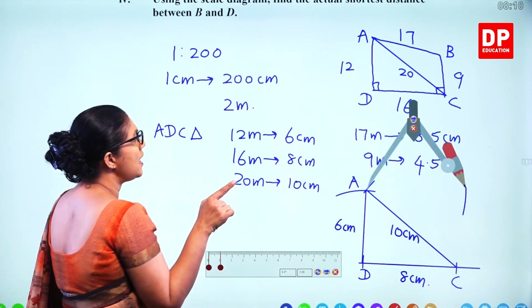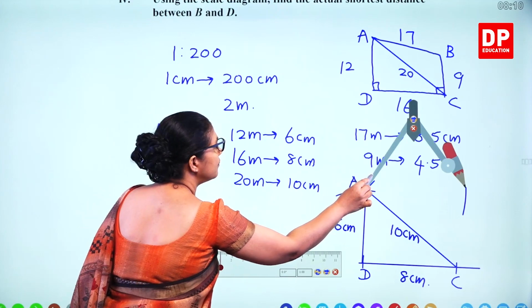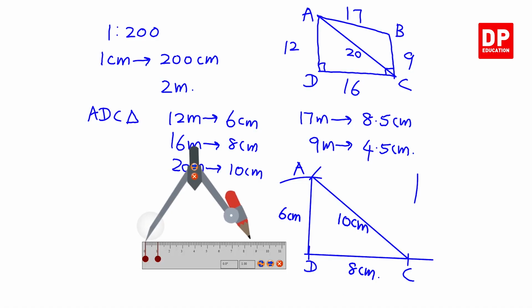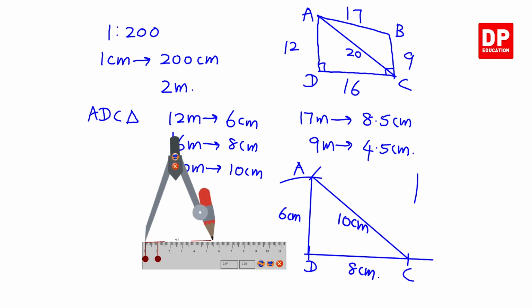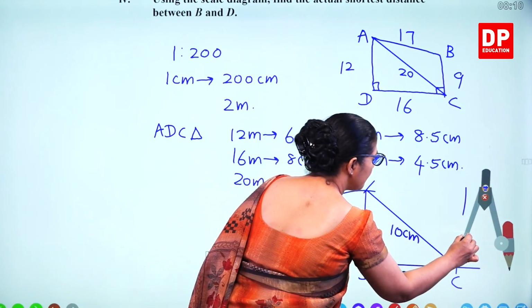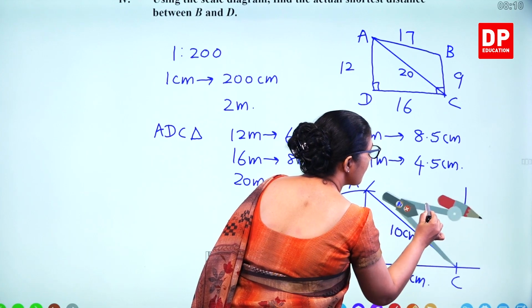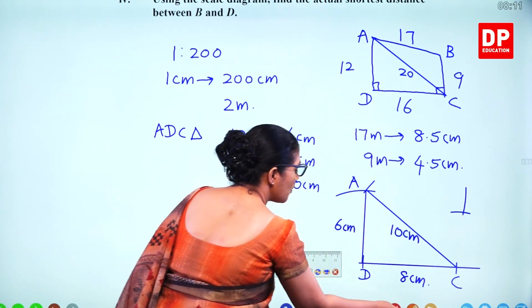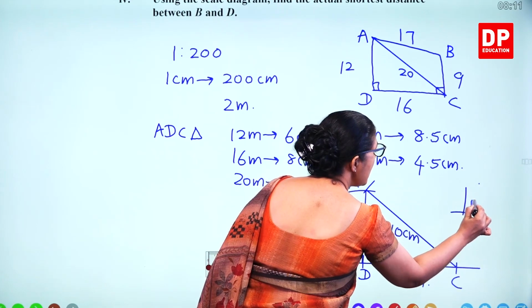And then from C, 4.5. From C, that's this one. So that's point B.